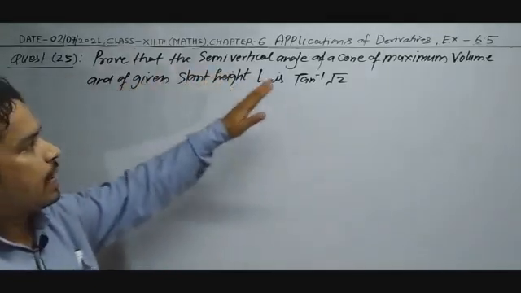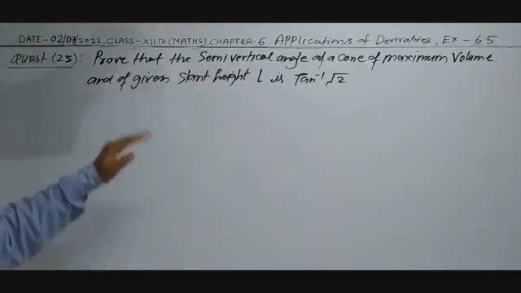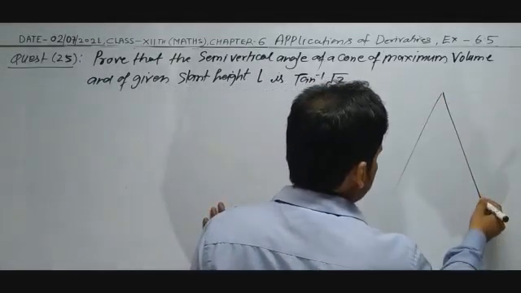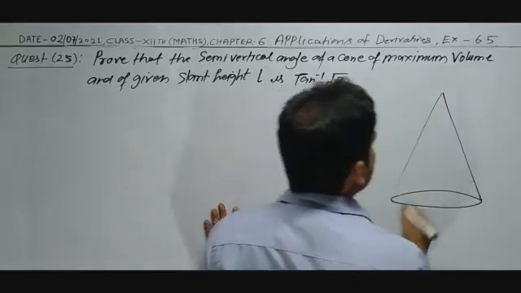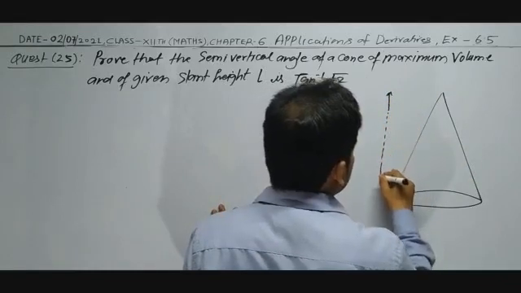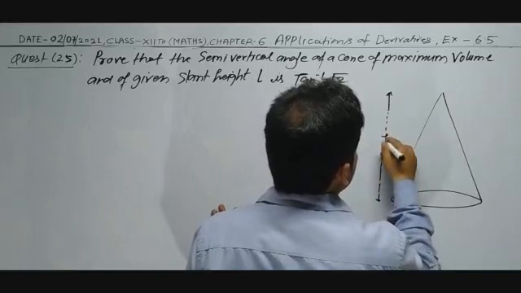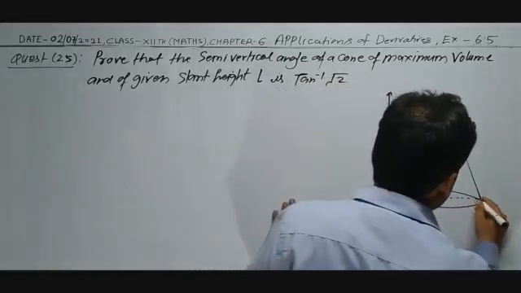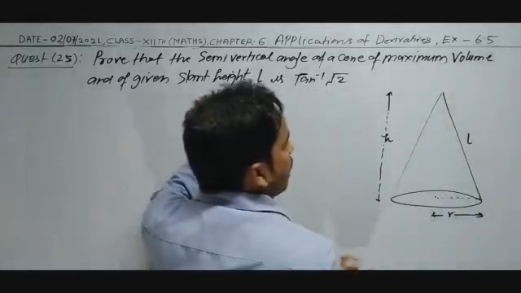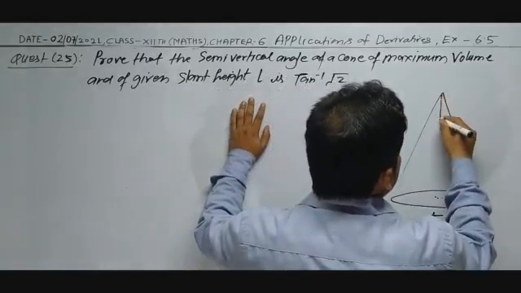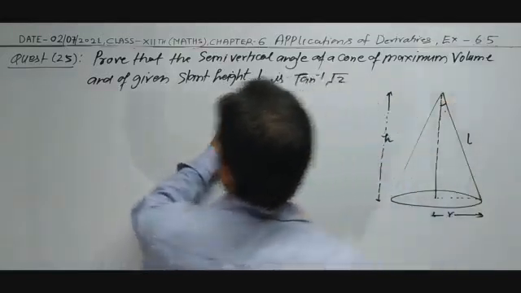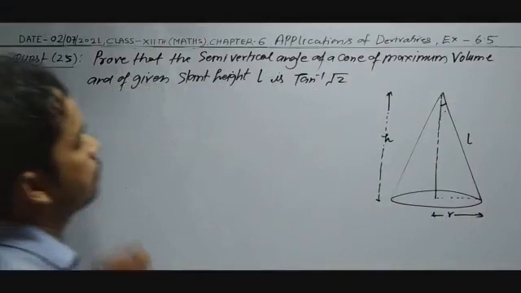Prove that the semi-vertical angle of a cone of maximum volume and given slant height is... So let us first of all consider a cone of height small h and radius small r, with small l as the slant height, and a semi-vertical angle, suppose theta.